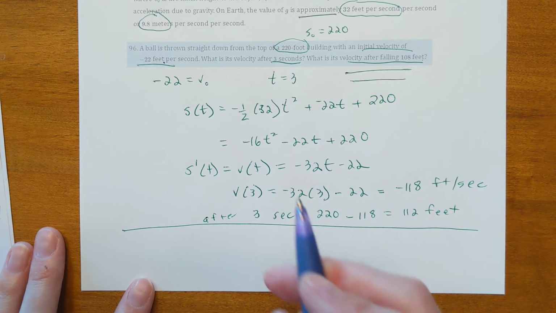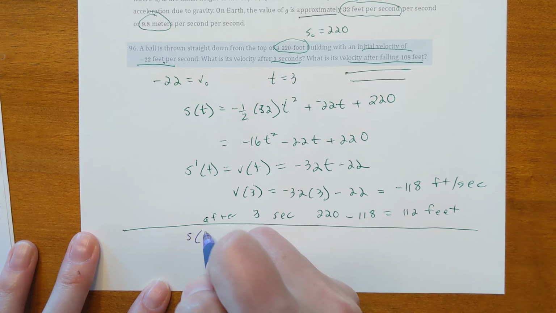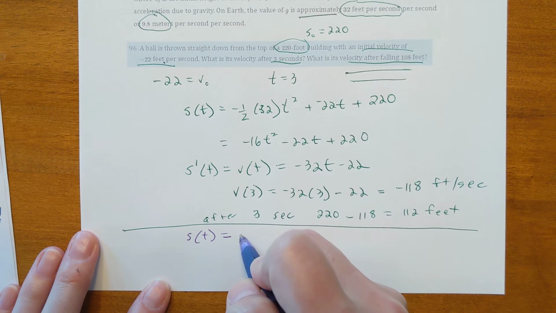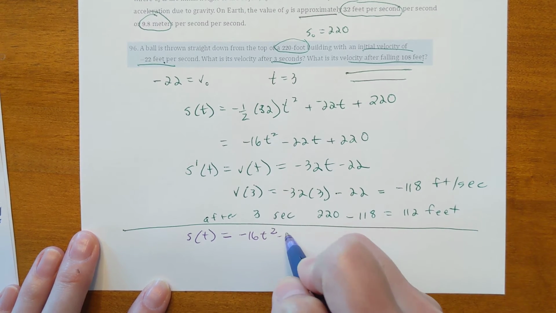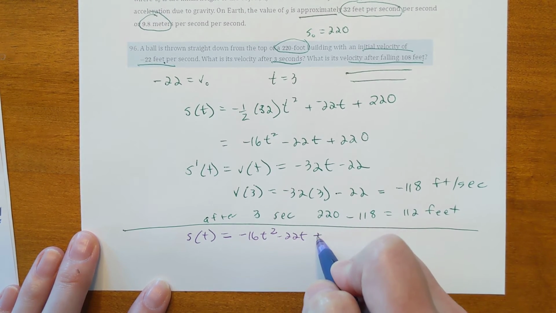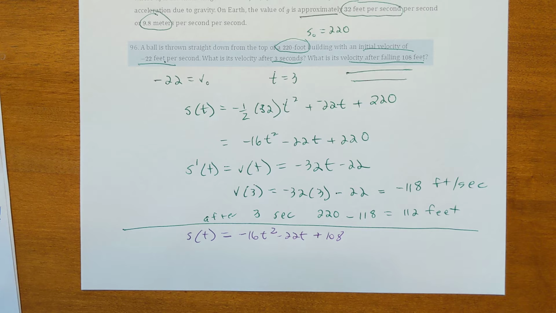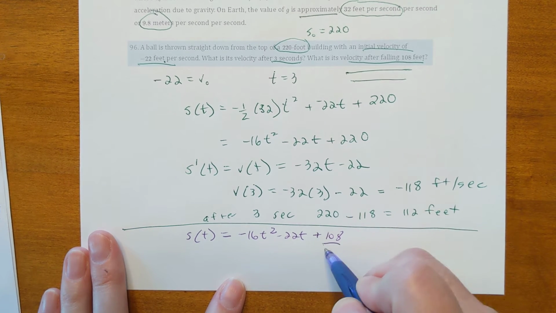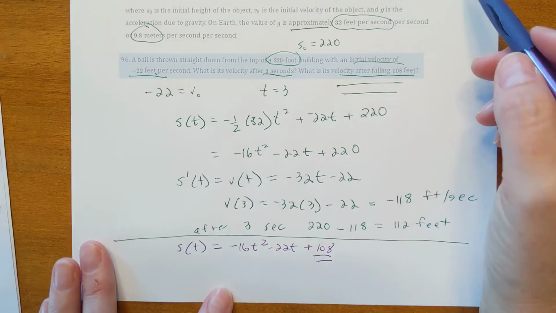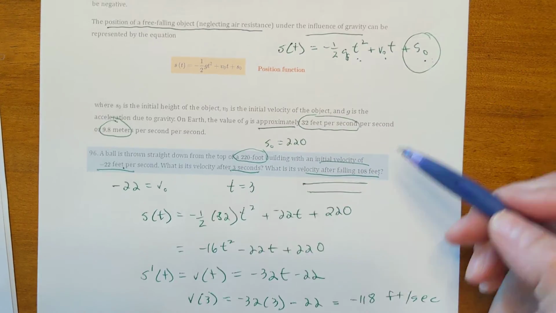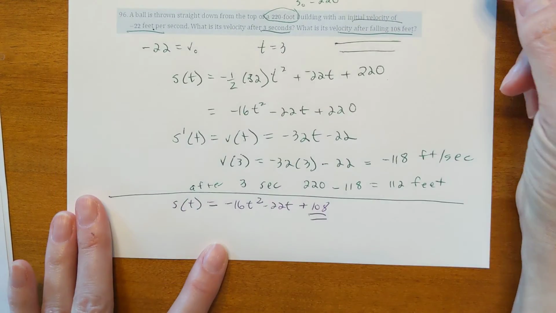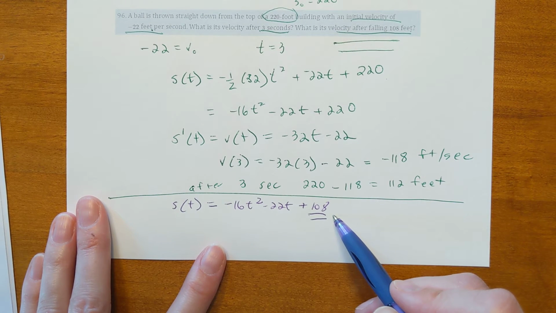So that's the original position function. So s of t is equal to, again, negative 16t squared minus 22t plus 220. We want to know what is the velocity after falling 108 feet, so I put 108 in for the position function. Instead of starting at 220, it's where is it when it's at 108.